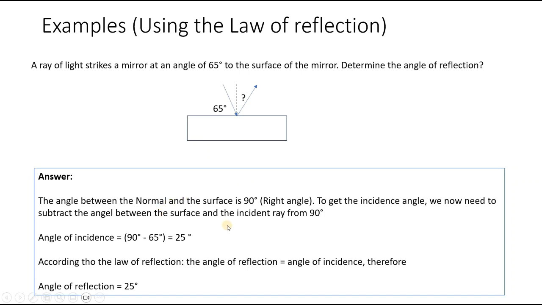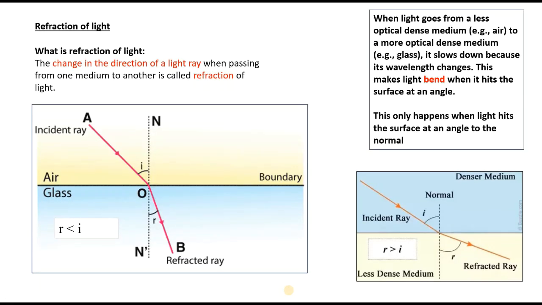It's indicated here: 90 degrees minus 65 degrees gives you 25 degrees, which is the angle of incidence. And then that angle of incidence, 25 degrees, will give you the angle of reflection, according to the law of reflection. So doing your calculation, the angle of reflection is 25 degrees.